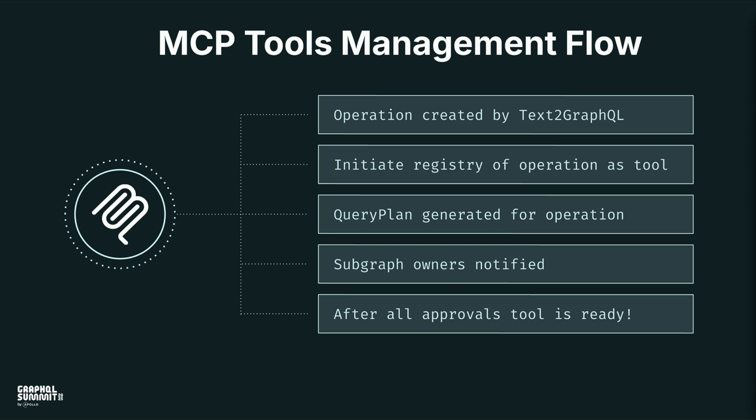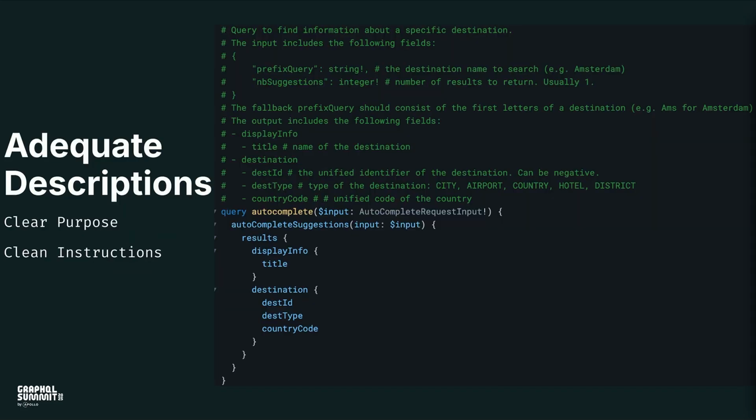Because it might be a subgraph that is managing credit cards and they might be a little bit hesitant about security issues and don't want that kind of operations to be exposed to the AI agents. We want to create that feedback loop and make sure everything is going well for agentic applications.